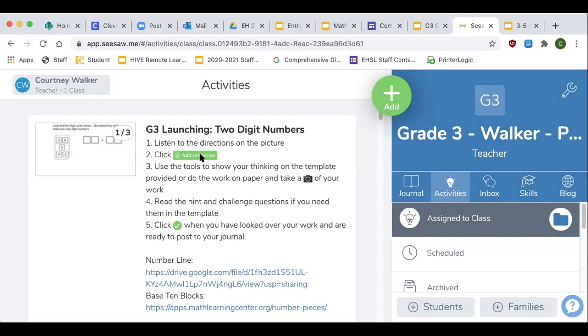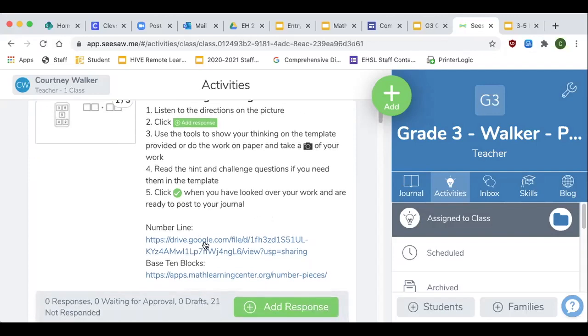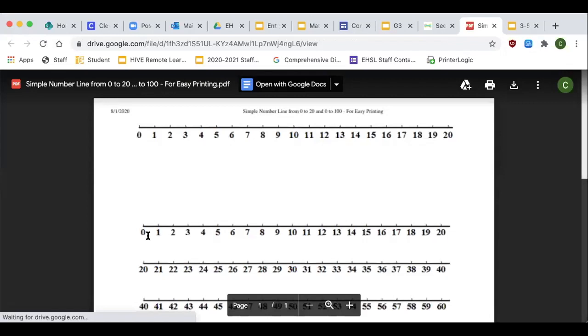We'll click add the response. We're going to use the tools to show our thinking on the template, or you can do the work on a piece of paper and take a picture of your work to turn in today. I want you to read the hint and the challenge questions if you need them. This problem also has a couple of really cool online tools for you. This tool, it's loading, has number lines.